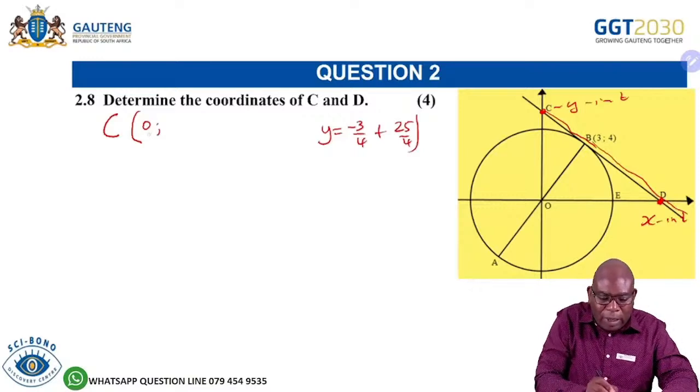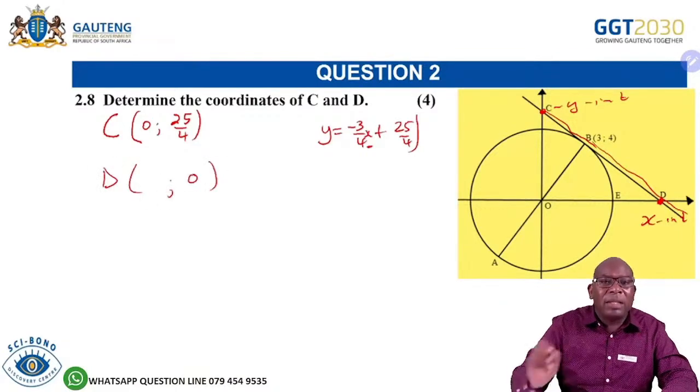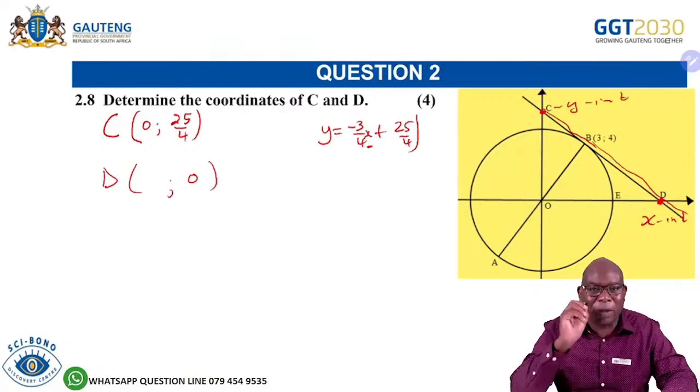So if my x is 0, my y will be 25 over 4. Okay. At D, my y is 0. Then I need a value of x, so this one I must work out.